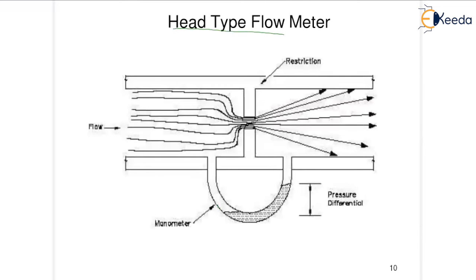Now, head type flow meter. In this head type flow meter, a restriction of known dimensions is inserted into the pipe where there is a flow.